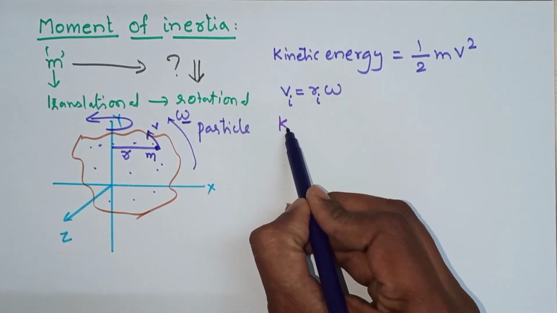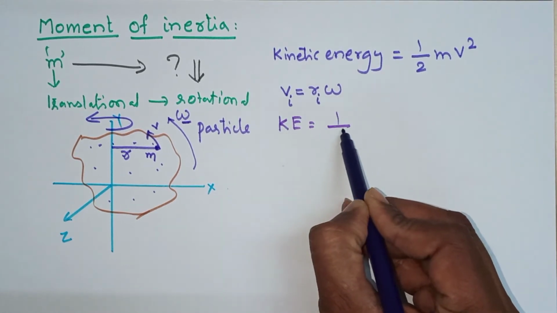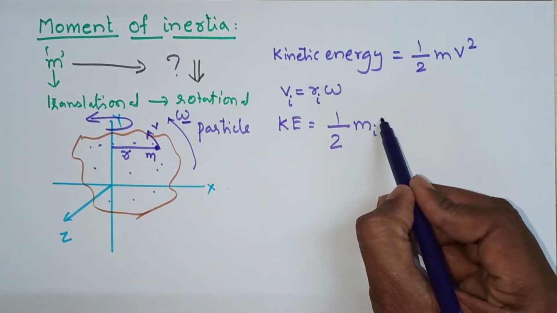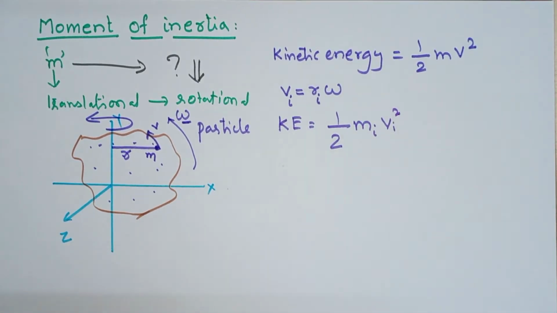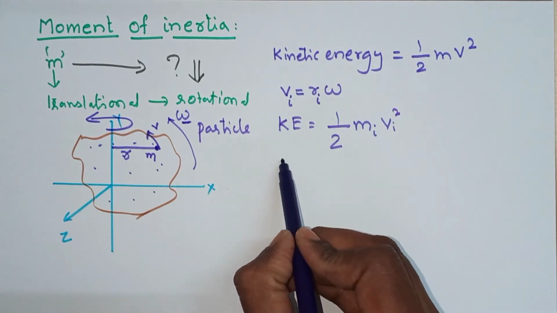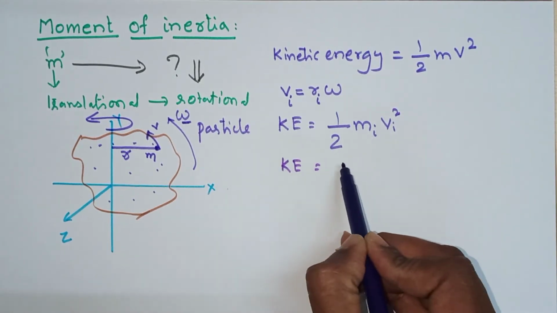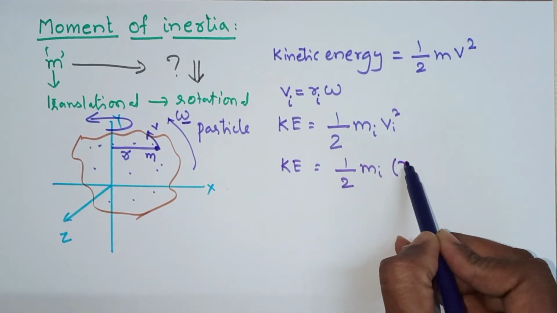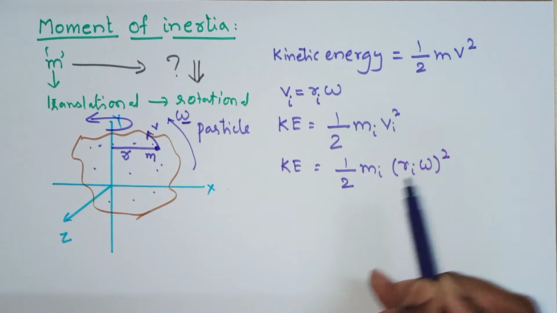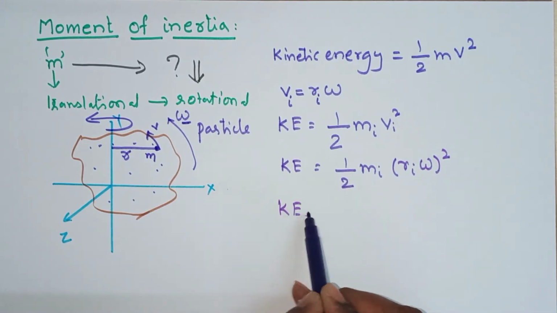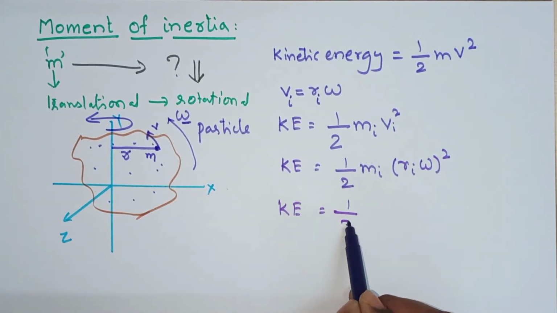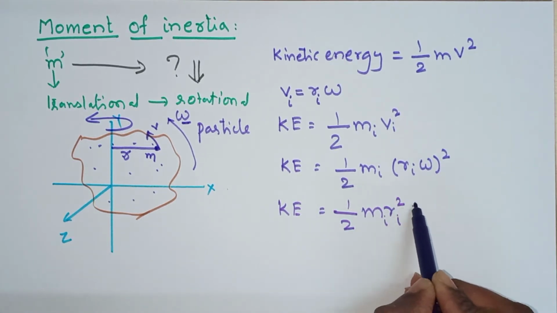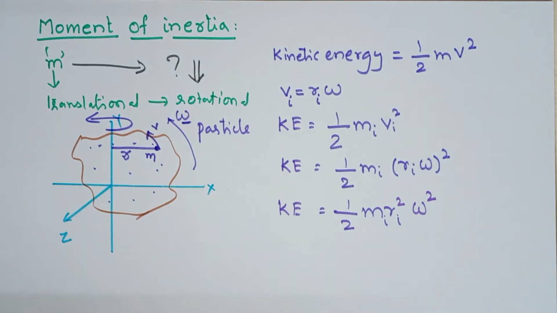Now the kinetic energy for the ith particle can be written as half m i v i square. So kinetic energy is equal to half m i, and v i we write as r i omega, whole square. Kinetic energy is equal to half m i r i square omega square.